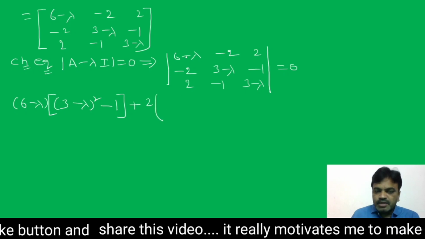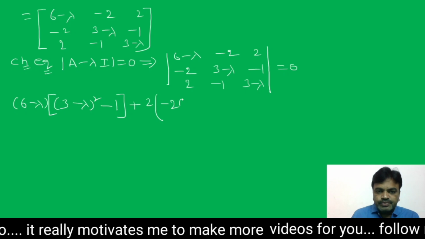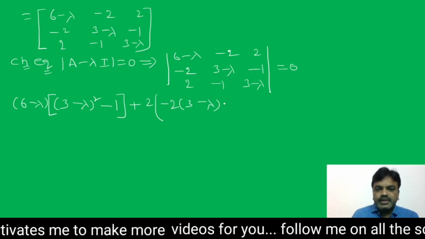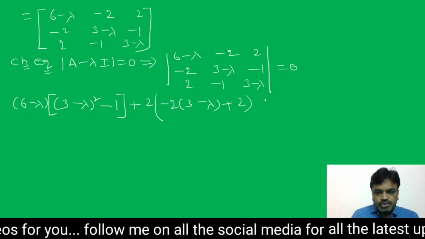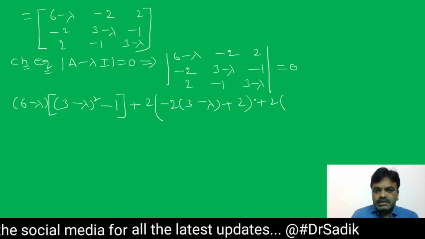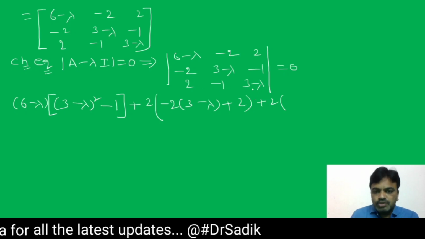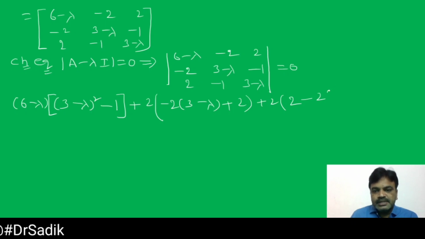This time you delete the first row and second column, we get minus 2 into (3 minus lambda) minus 1 into 2, that is minus 2. Plus 2 into, this time you delete the first row and third column, we get minus 2 into minus 1, that is 2, minus 2 into (3 minus lambda), and that is equal to 0.